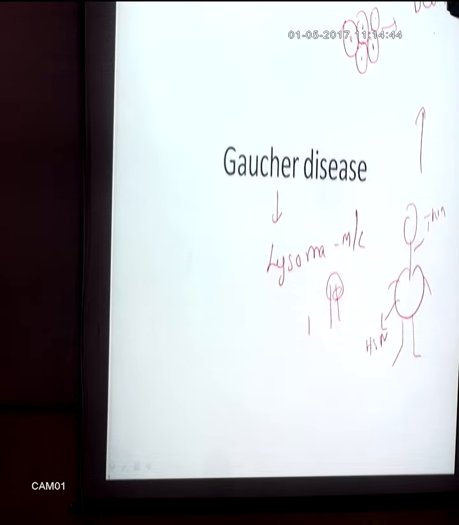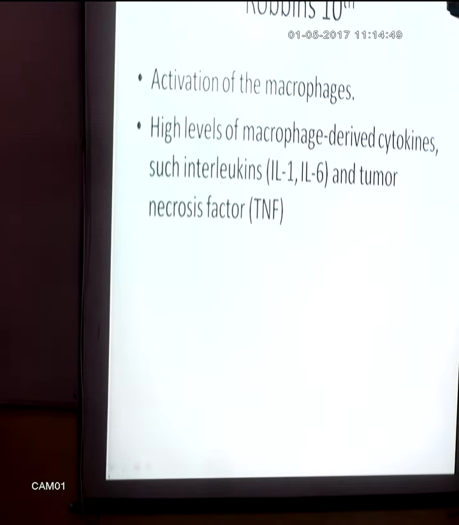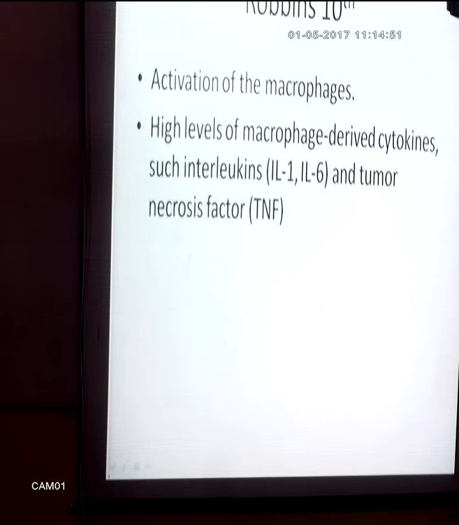Now the concept of Gaucher's is a bit changed. They are now thinking that the Gaucher's cell is not just sitting there. It is secreting interleukins and tumor necrosis factor continuously, creating an environment similar to, you must have heard of this term, cancer cachexia.